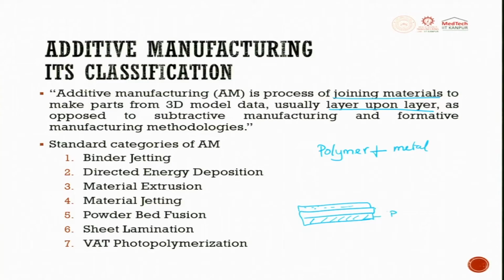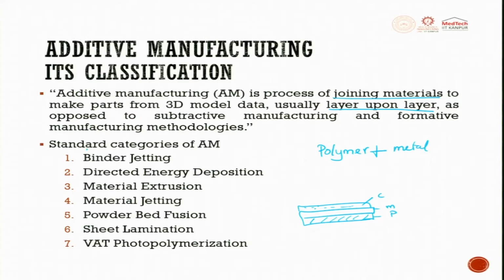You can have independent layers, functionally graded to meet the customer requirement. If you want to do all these things in a subtractive process, it is next to impossible in a cost-effective manner. For a flat surface, you can still try. For a complex internal surface, it is next to impossible.